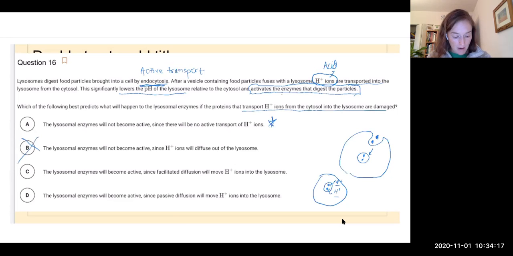C: Lysosomal enzymes will become active since facilitated diffusion will move H+ ions into the lysosome. D: The lysosomal enzymes will become active since passive diffusion will move H+ ions into the lysosome. Okay, well, we know it's not D because H+ ions are ions, and so they will not passively diffuse.